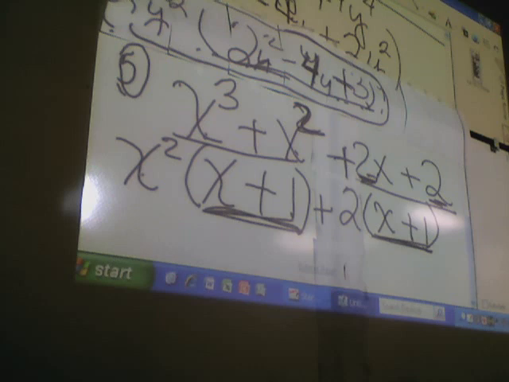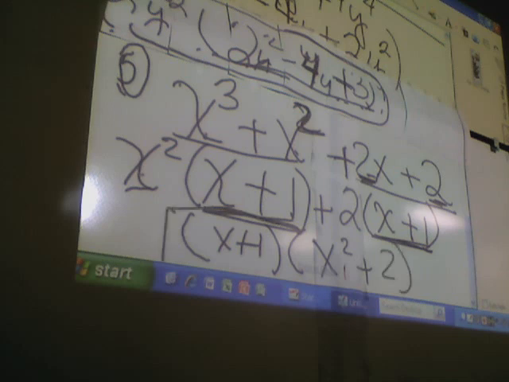So x plus 1 is one of our factors. And what is our other one? X squared plus 2. Right. And there's your answer to number 5.